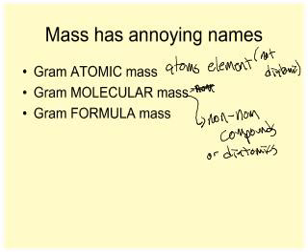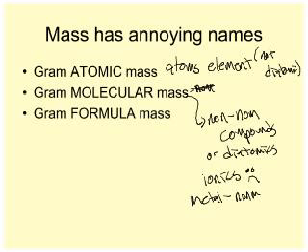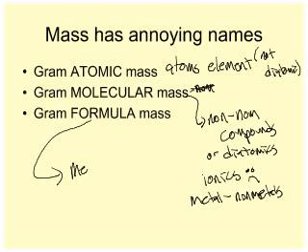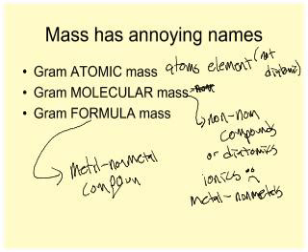And we usually let ionics kind of sneak in here. Ionic compounds are metals and then non-metals. We let these guys sneak in here because really they're gram formula masses. But we pay so little attention to the gram formula masses and just call things molecules and let it slide. So that's about it.